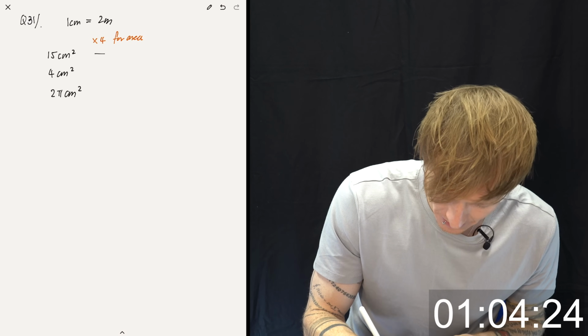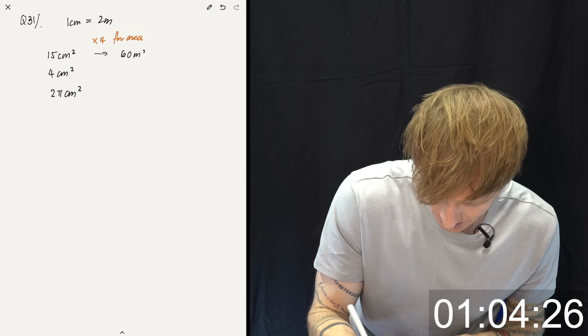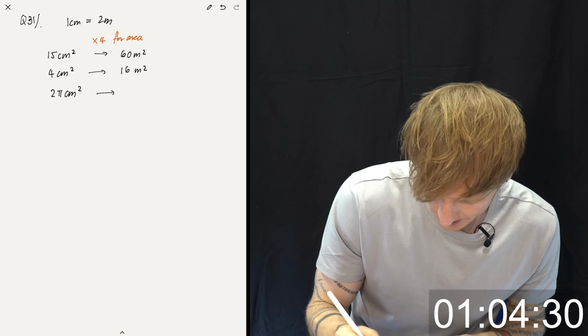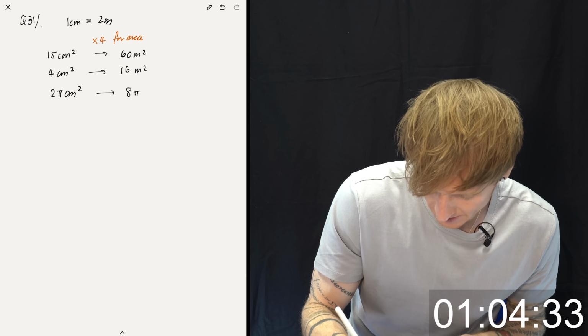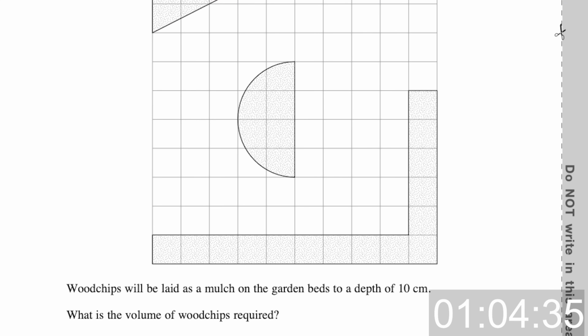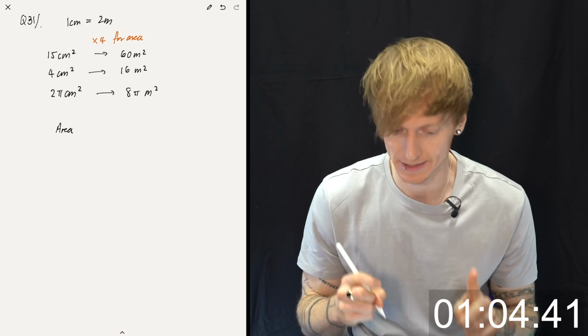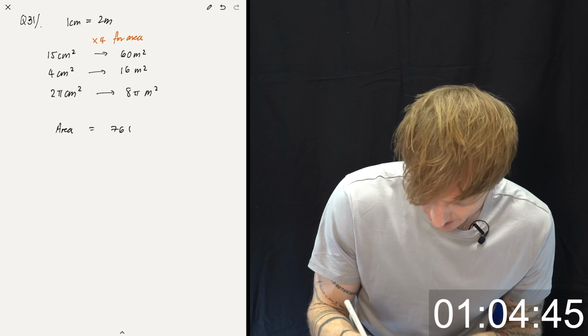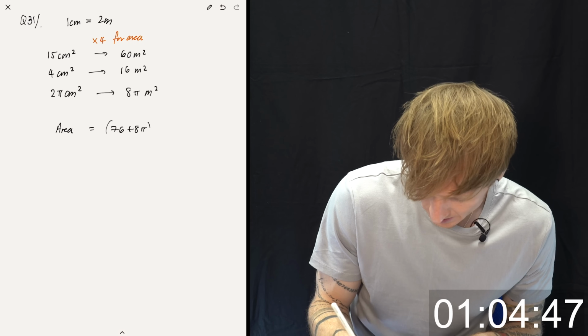So that becomes 60 meters squared. That's going to be 16 meters squared, and that's going to now be 8 pi meters squared. So the total area of the flower beds is 60 plus 16 is 76 plus 8 pi meters squared.